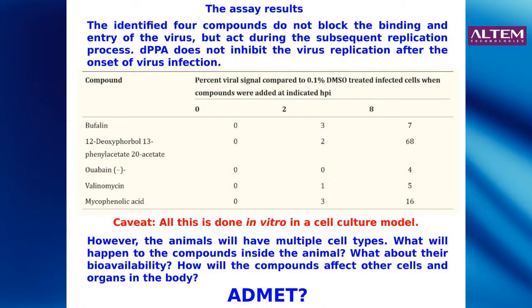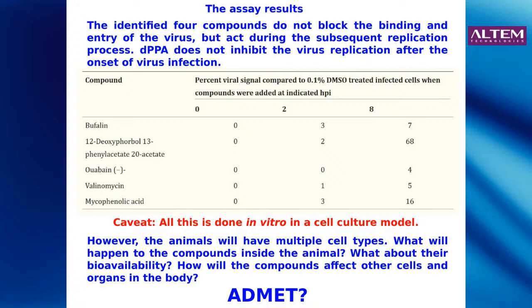But the caveats that we took away from this study are, all this study was done in a cell culture model. The same thing may not apply in an animal model, because the animal has multiple different cell types. In addition to that, it has circulation, it has hepatic portal circulation, it has metabolic organs: metabolism will be there, the liver will degrade it, the kidney will excrete it, all those things are there.